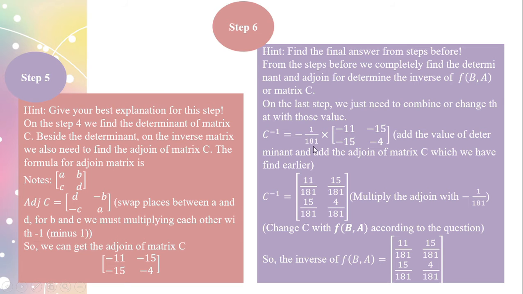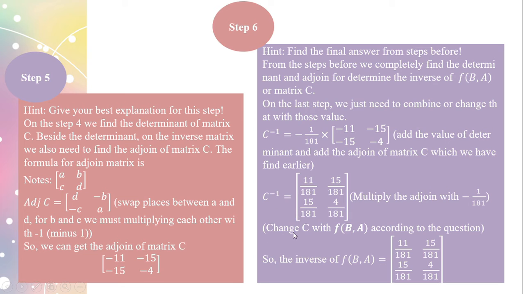Okay, we need to multiply it one by one so we can get inverse matrix C is equal to 11 over 181, 15 over 181, 15 over 181, 4 over 181.